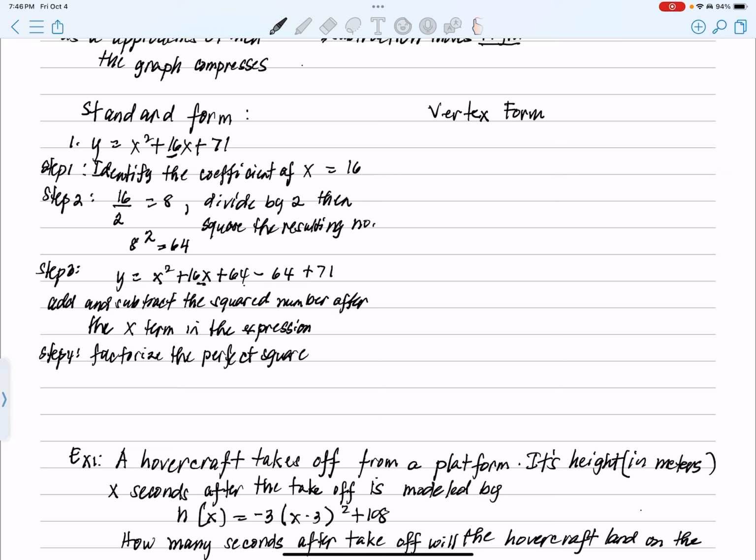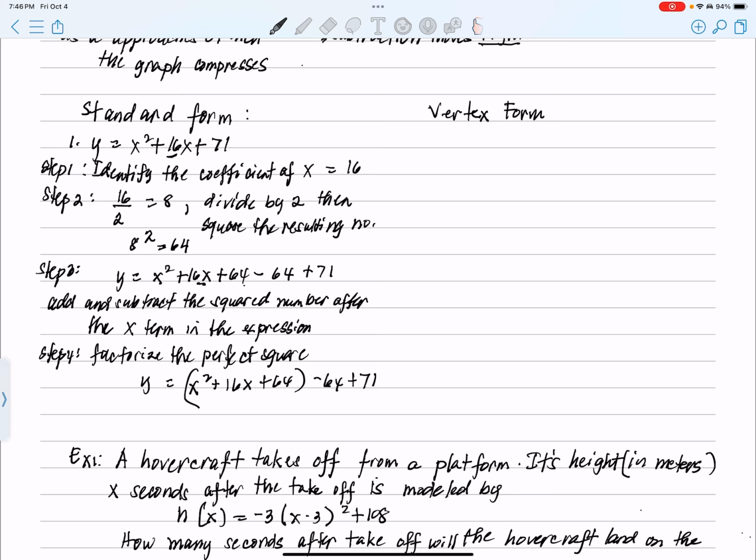Okay, let's do this. So y equals x squared plus 16x plus 64. So I will have that trinomial. Then minus 64 plus 71.